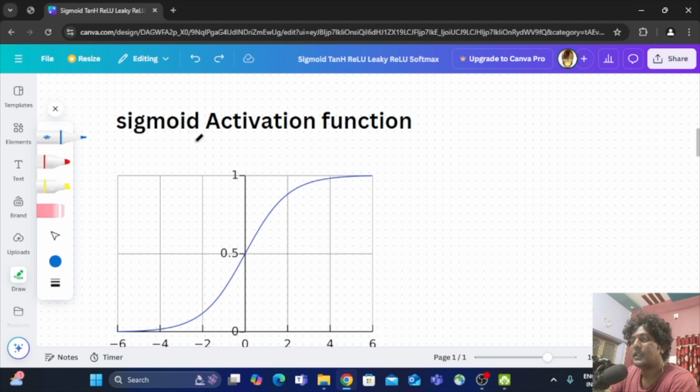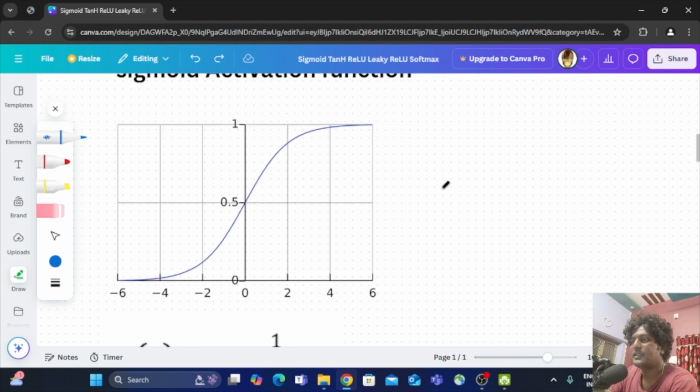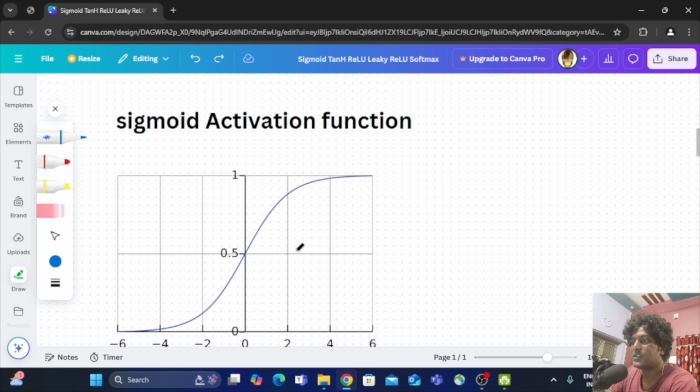Let's discuss the sigmoid activation function. The distribution of the sigmoid activation function looks like this, an S-shaped curve. The output ranges from 0 to 1.